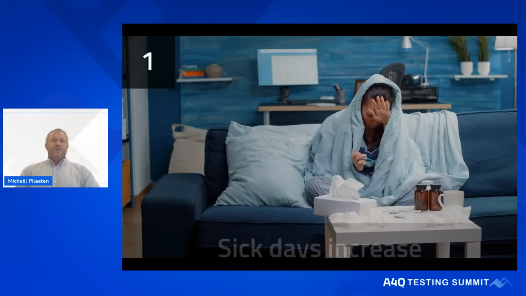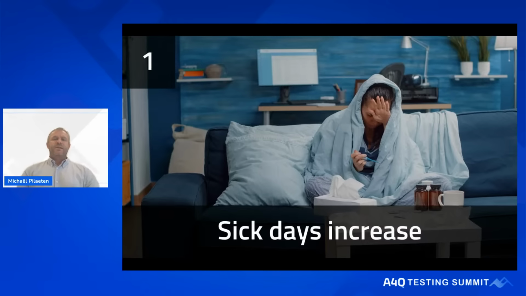The first sign is an increase in sick days. On average, in Europe, people experience between 1 and 3 periods of sickness per year, and those periods range from 1 day to 3 days. And of course, there are always reasons for absences due to more serious illness, let's say surgery or lengthier therapy.